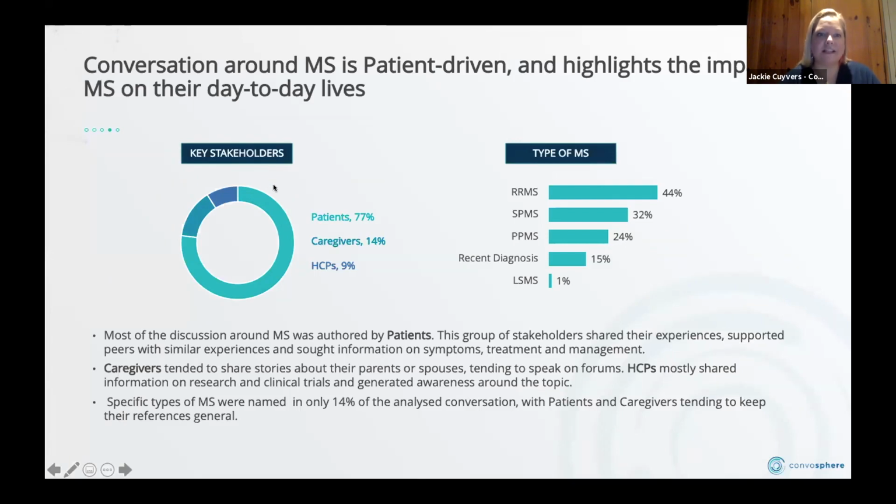So it's unsurprising that we see the majority of conversation, 77% here, is by patients. And then when we look at the type of MS, or where they are within their journey, we're able to define the different categories of the disease progression of their multiple sclerosis.